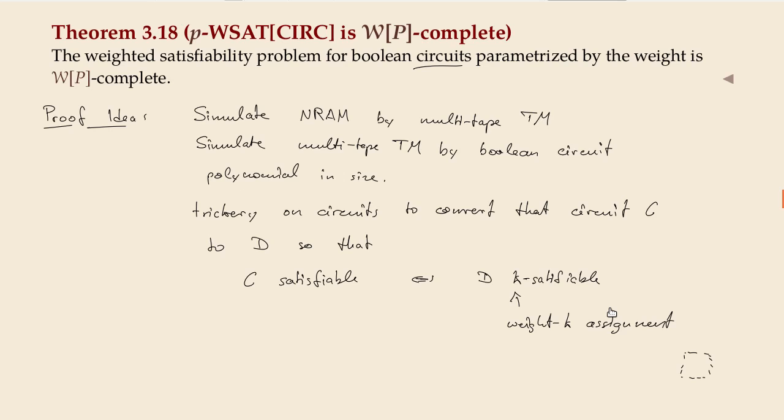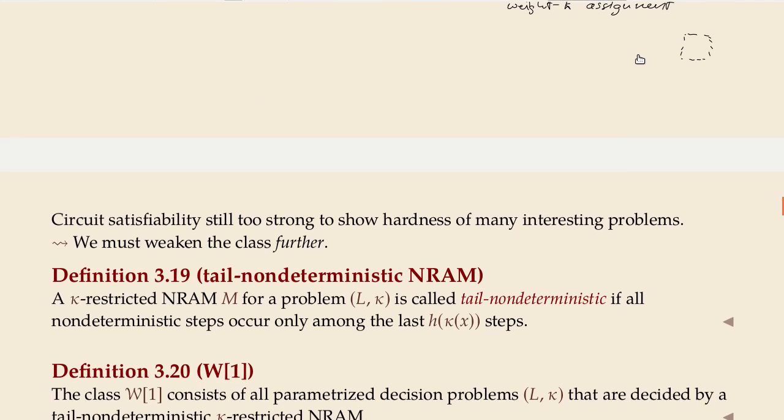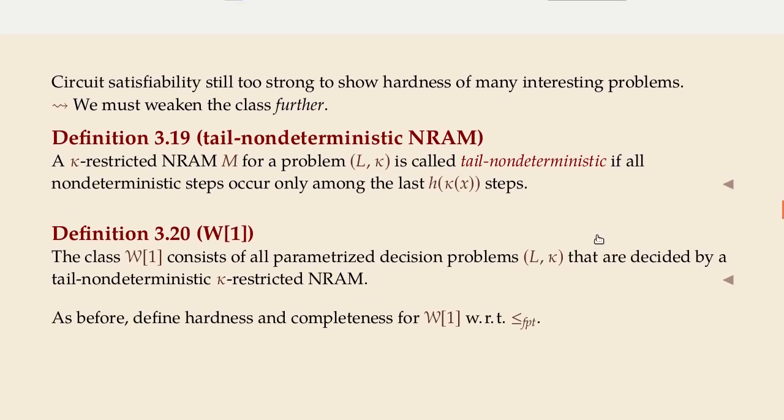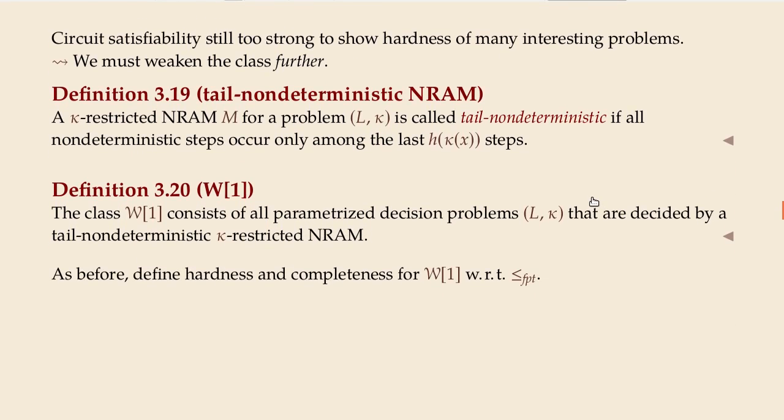Also because I think we should not spend too much time on this structural complexity theory part, because the main focus should be on algorithms. And we'll come to that not so far from here. But we're still one class away from the good one that we want to define hardness against. The problem is that this circuit satisfiability is again too strong.